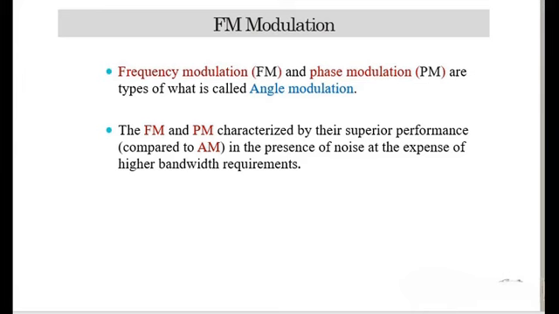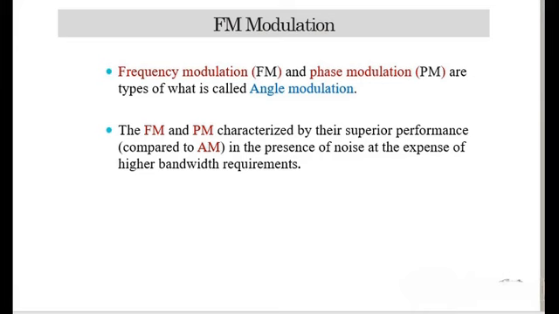Angle modulation is the class of carrier modulation that is used in telecommunications transmission systems. The class comprises frequency modulation and phase modulation, in which the frequency or phase respectively of the carrier signal is varied to encode the message signal.